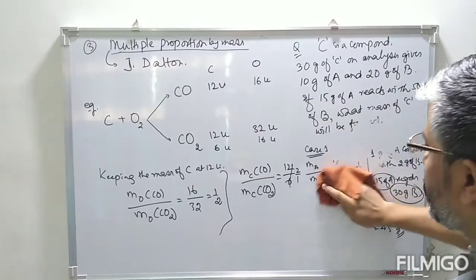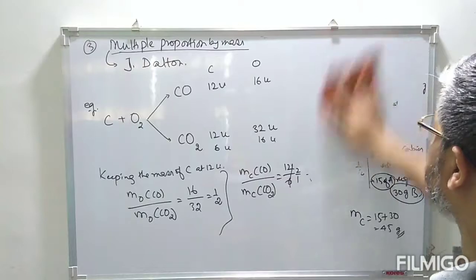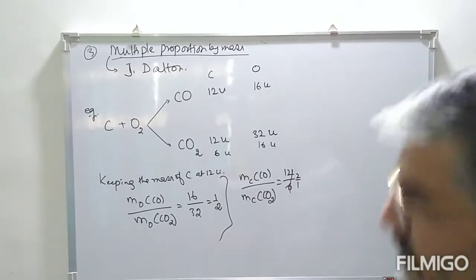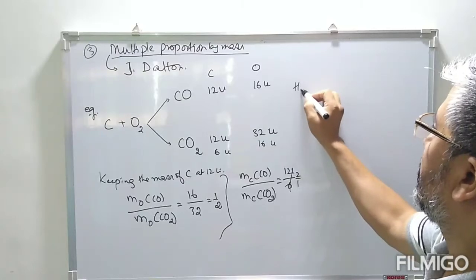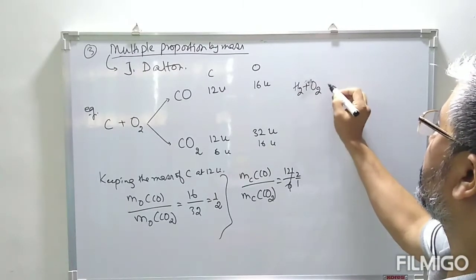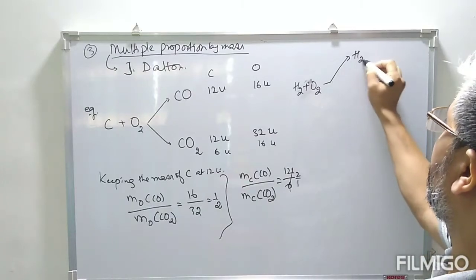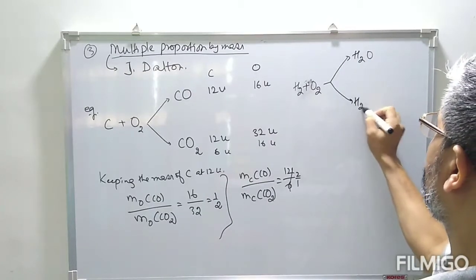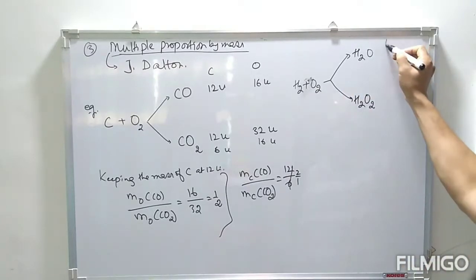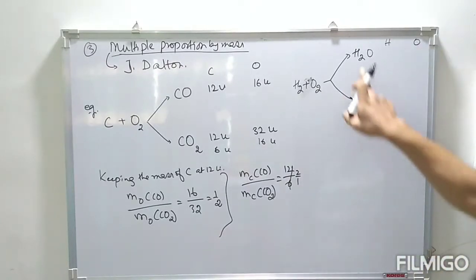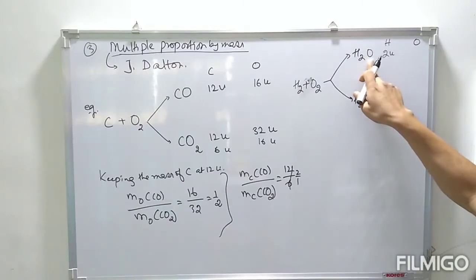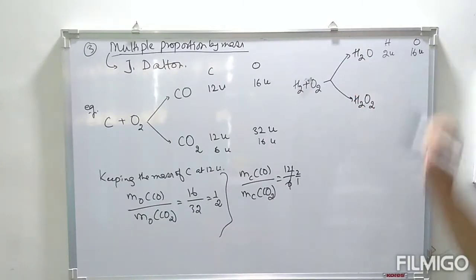Let me explain by use of another example here. Hydrogen combines with oxygen, and this gives you H2O and H2O2, hydrogen peroxide. Look at this. We have hydrogen, we have oxygen. Two atoms of hydrogen means 2 mass units. One atom of oxygen, 16 mass units.